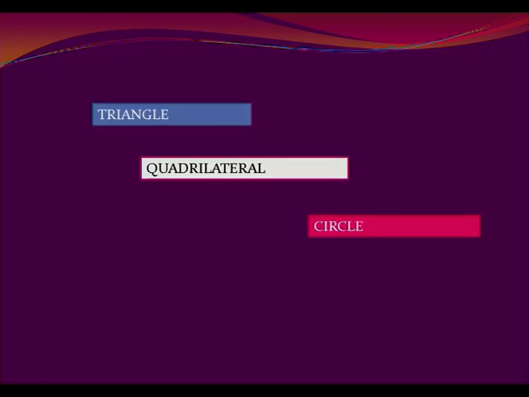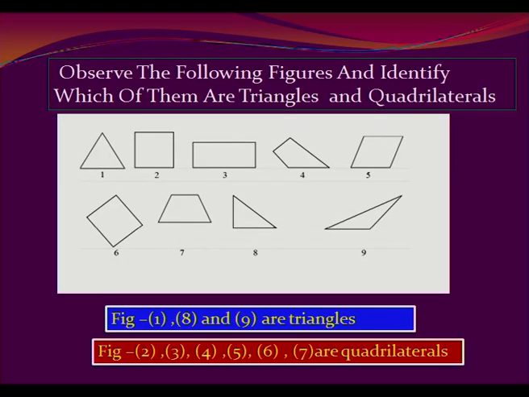So, today we discuss in a little more detail the triangle, the quadrilateral and the circle. Okay. So, you might have observed that 1 and 8 or 9 are the triangles, and 2, 3, 4, 5, 6, 7 are the quadrilaterals in the earlier figure.